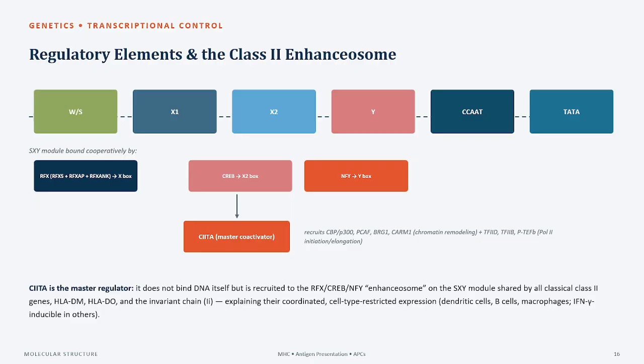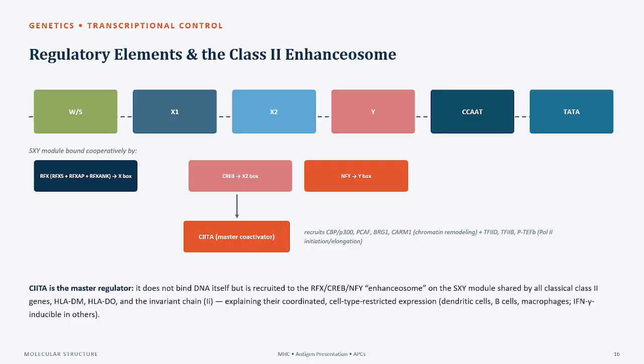A heterotrimeric complex consisting of RFX5, RFXAP, and RFXANK specifically binds to the X1 box. The CREB binds to the adjacent X2 box, and then there is a trimeric complex that binds to the Y box. Then you have a master coactivator.